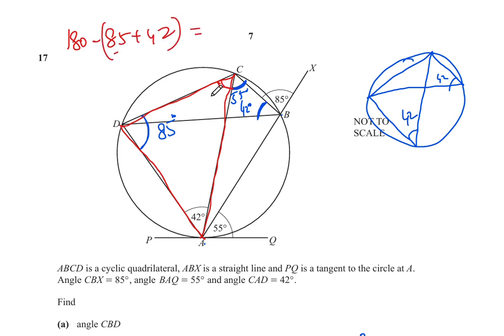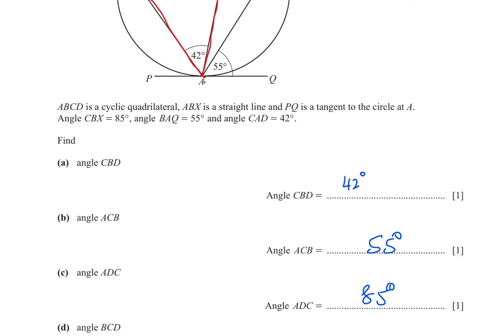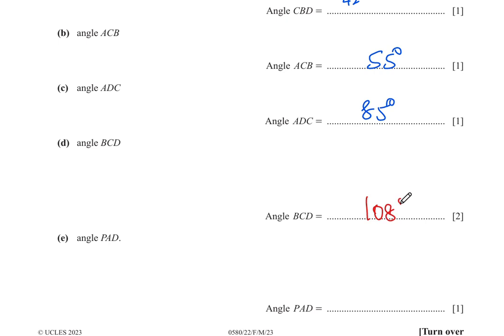When you do that, you will get this angle DCA. So use your calculator and do 180 minus 85 and minus 42. Or you can add and do it also, it's fine. So that is 53 degrees. So this is 53. Therefore, angle BCD is equal to 55 plus 53. So 53 plus 55 is 108 degrees. So you can write 108 degrees here.